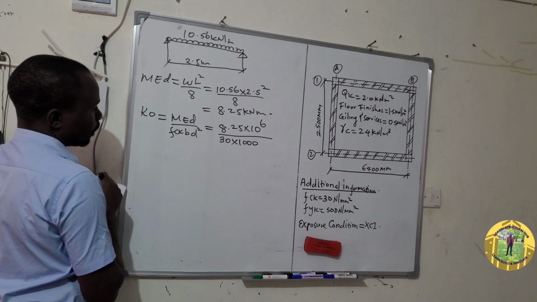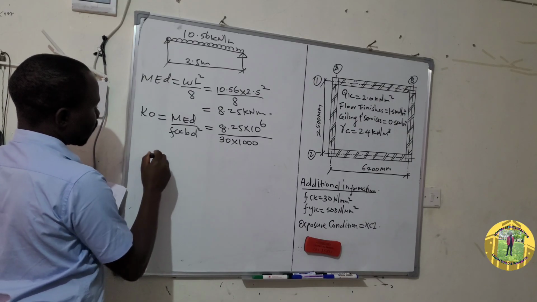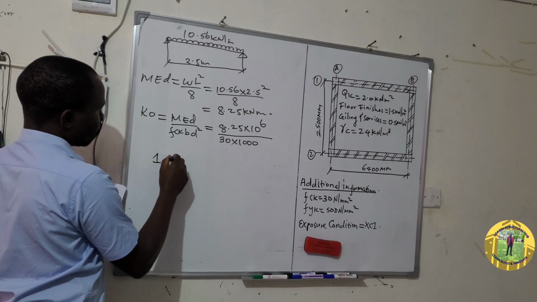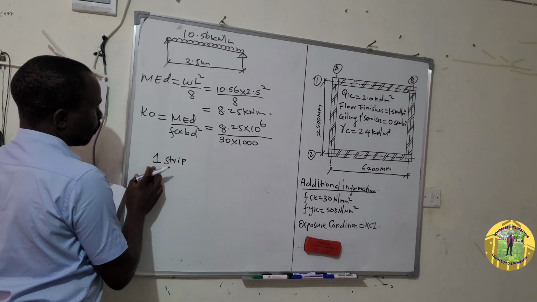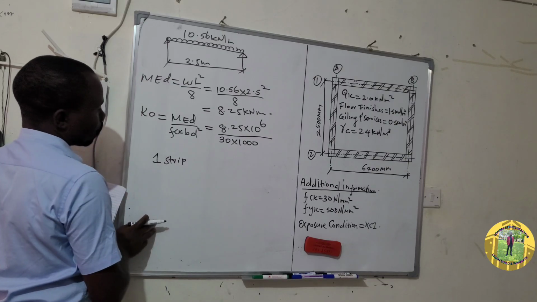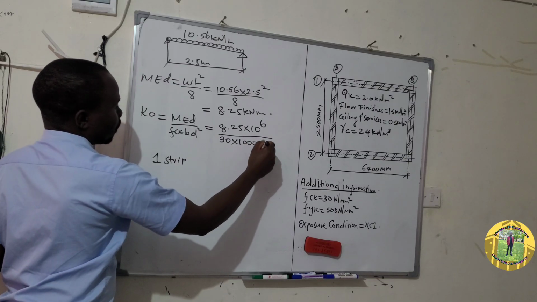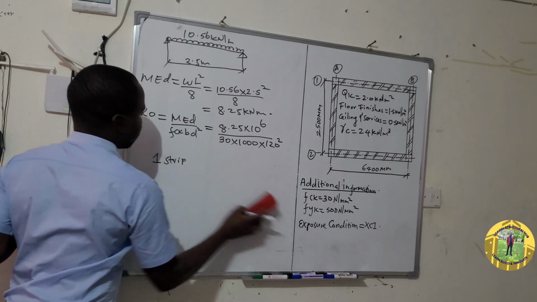Remember, we are designing this slab as a 1 meter strip, which is the B. So 1 meter, convert it to millimeter, you will get 1,000. Then times D, which is 120 square.